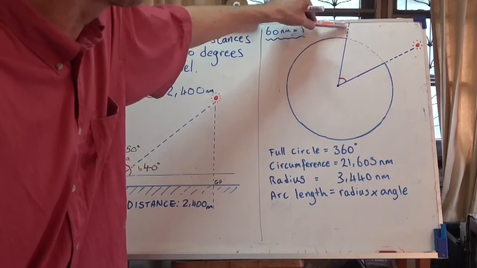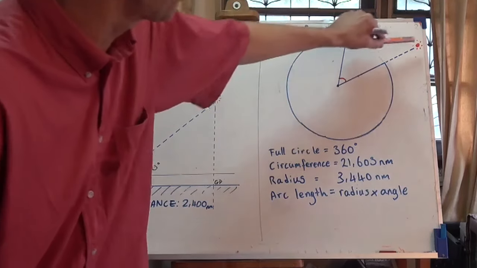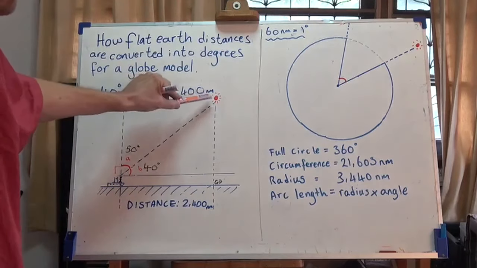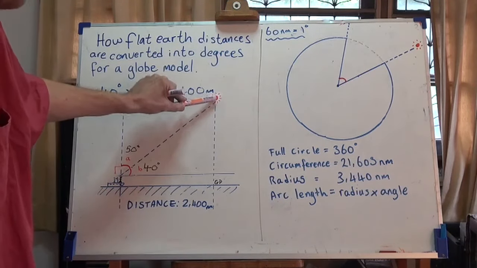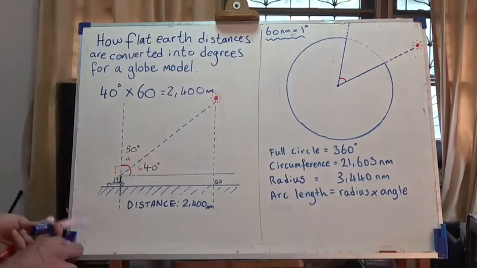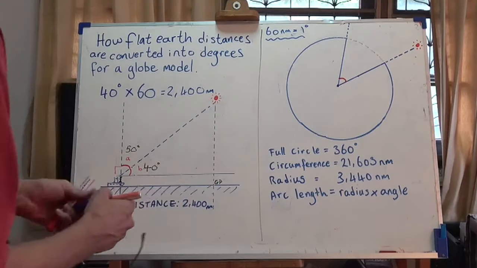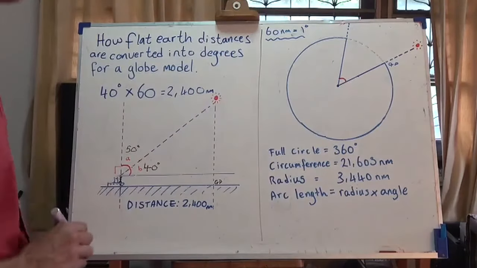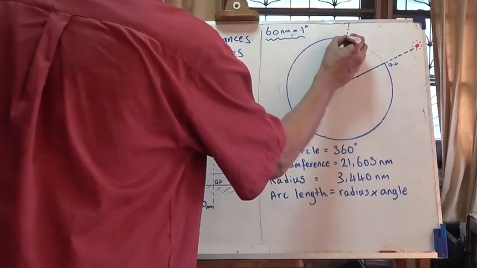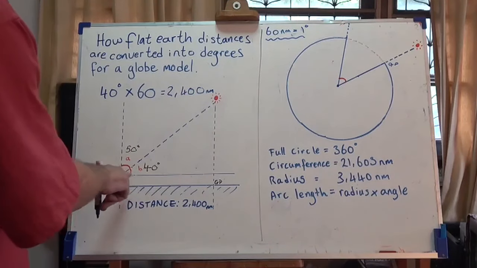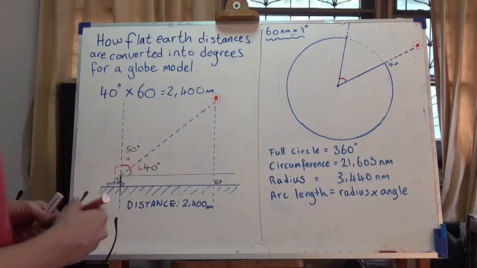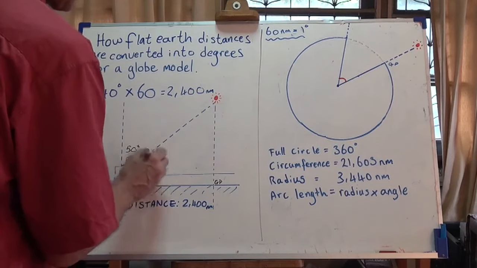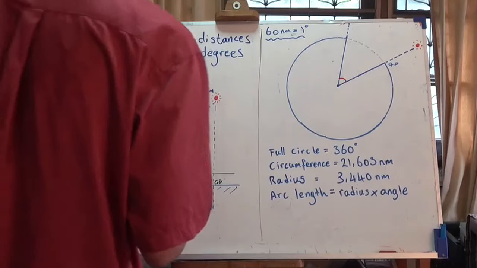So here would be where the observer is, and here is that vertical line of the star or the sun. So that would be the ground point. This GP here is the GP on the globe model, and here is where the observer would be. So we know that we got a 40-degree angle. So this angle here, angle B, is what is put over here.